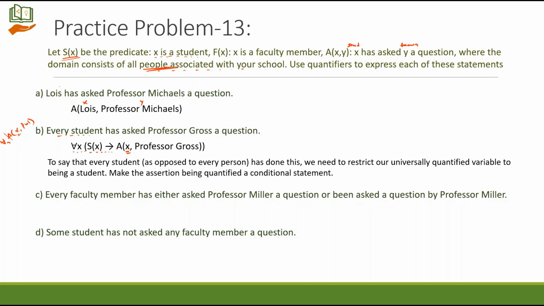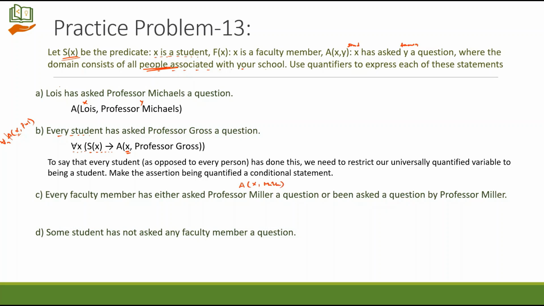Now let's get into C. Every faculty member has either asked Professor Miller a question or been asked a question by Professor Miller. So when we say somebody has asked Professor Miller a question, we can have A of x, Professor Miller.